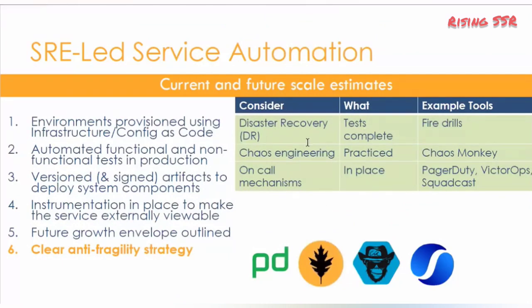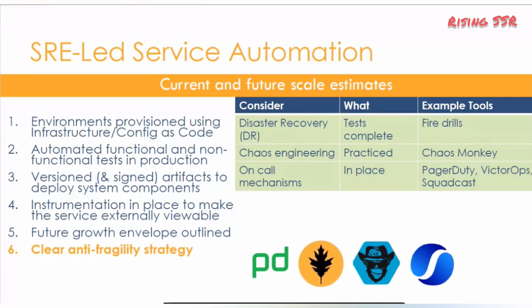Right. So as a part of the anti-fragility strategy, in the next chapter we will talk about chaos engineering, which is a very new concept from a site reliability engineering perspective. I'm not going to talk much about it here because we will have it later.